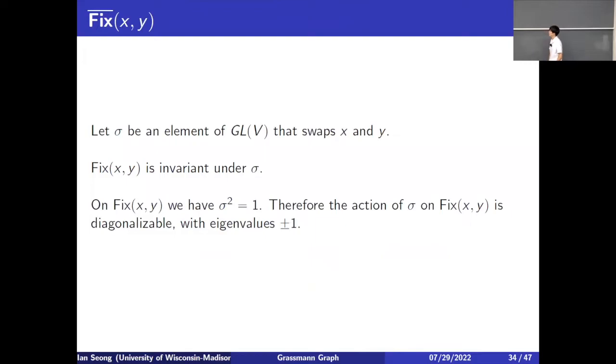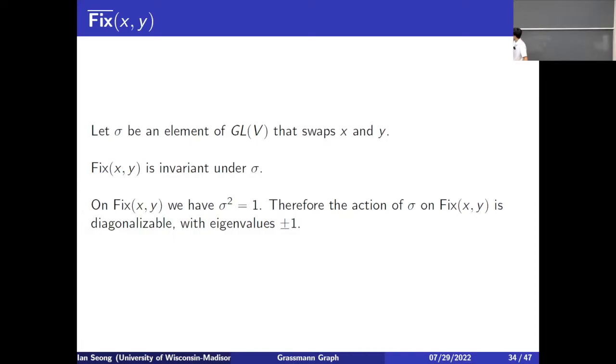With this, we can come up with one subspace of fixed xy, and it goes like the following. We let sigma be an element of GLV that swaps x and y. Fixed xy is invariant under sigma, because just because we swap x and y, it doesn't change fixed xy. On fixed xy, sigma squared is equal to 1, since if we swap x and y and swap them again, we go back to the identity.